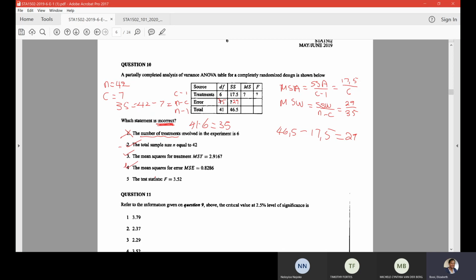And if you calculate your F statistic, which is MSA divided by MSW, 2.9167 divided by 0.8286, you will find that that is correct.